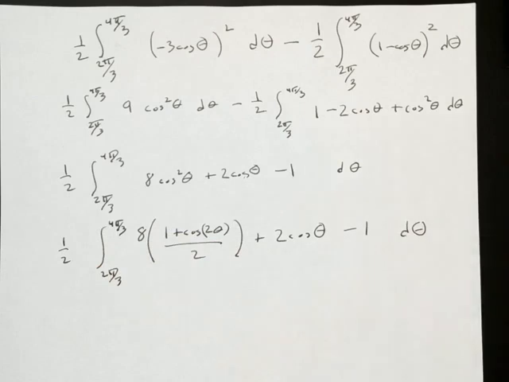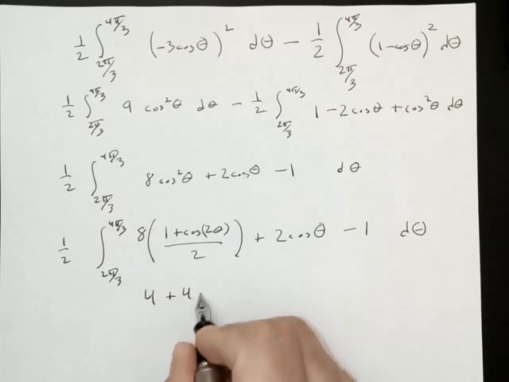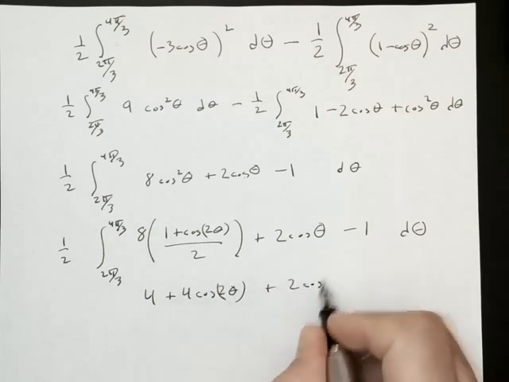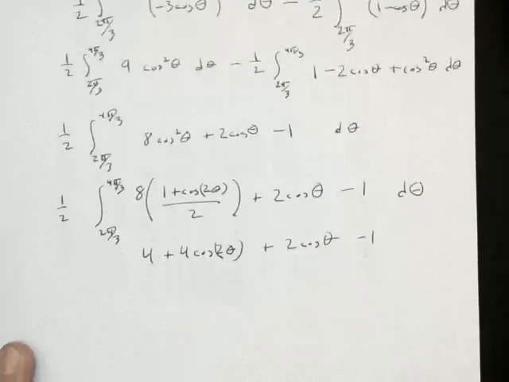And again, I'll be able to do more simplifying algebraically because of what I've got here. I'm going to get a 4 and 4 cosine 2 theta here. So I can combine the 4 and the 1 at the end to give me a 3.